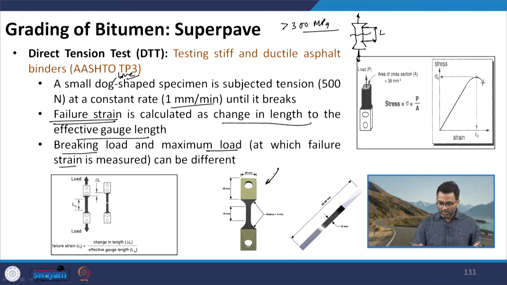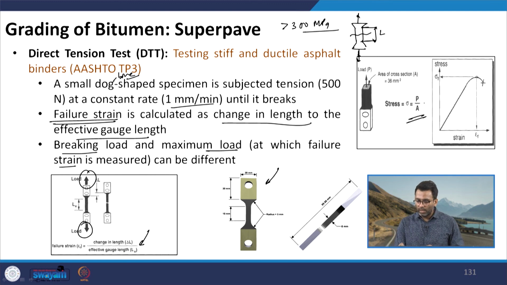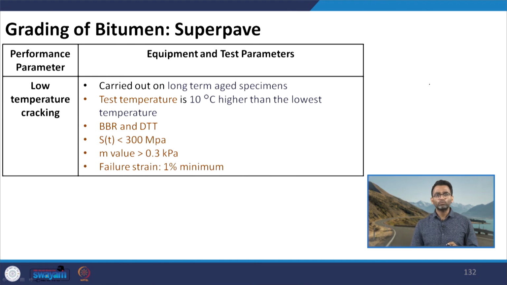You can see you have a standard specimen, which is being pulled from both sides. We are trying to calculate the failure strain, which is change in length to the effective gauge length, alright, and the stress is P by A, where P is the maximum load or the load at which the stress is maximum, not necessarily the breaking load.